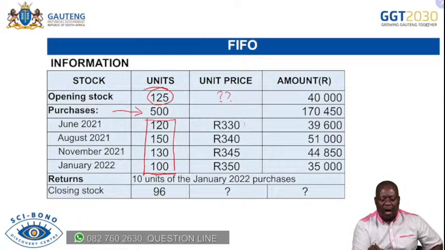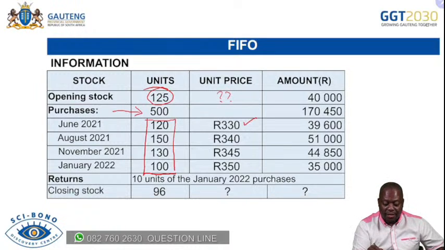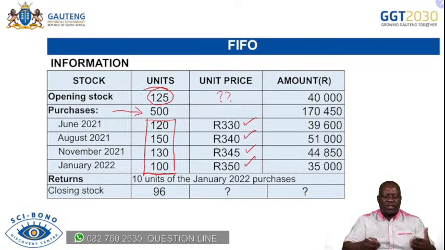In June, it was 330. In August, 340. In November, 345. In January, it's now 350. So in other words, can you see what's happening? The price is changing.